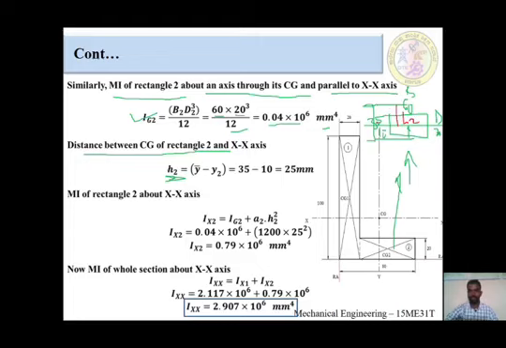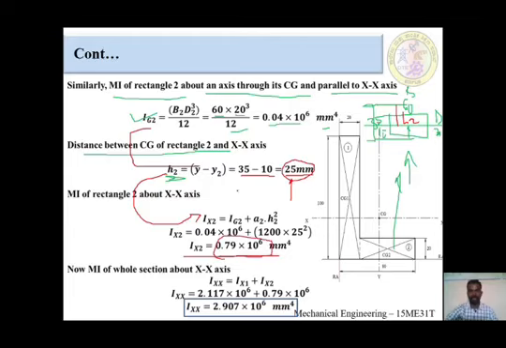This is h2: 35 minus 10 is equal to 25 millimeter. After finding these two values, we put them in this formula to get Ixx2. Ig2 is 0.04 into 10 raised to 6 millimeter raised to 4 plus A2, which is 1200, into H2, previously 25 square. The total Ix2 is 0.79 into 10 raised to 6.